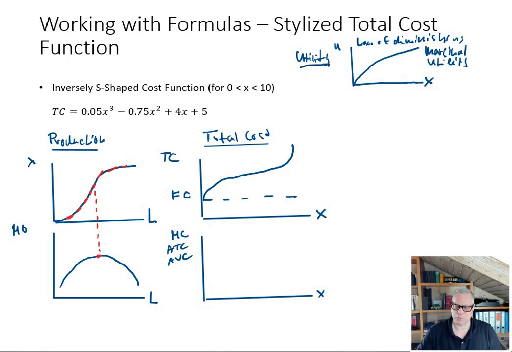That means the more workers you hire, the more they specialize, the more output they produce, but the cost stays the same. Each worker costs you the same. So as you produce more output and hire more workers, the total cost increases, but at a diminishing rate simply because those workers that you hire become more and more productive.